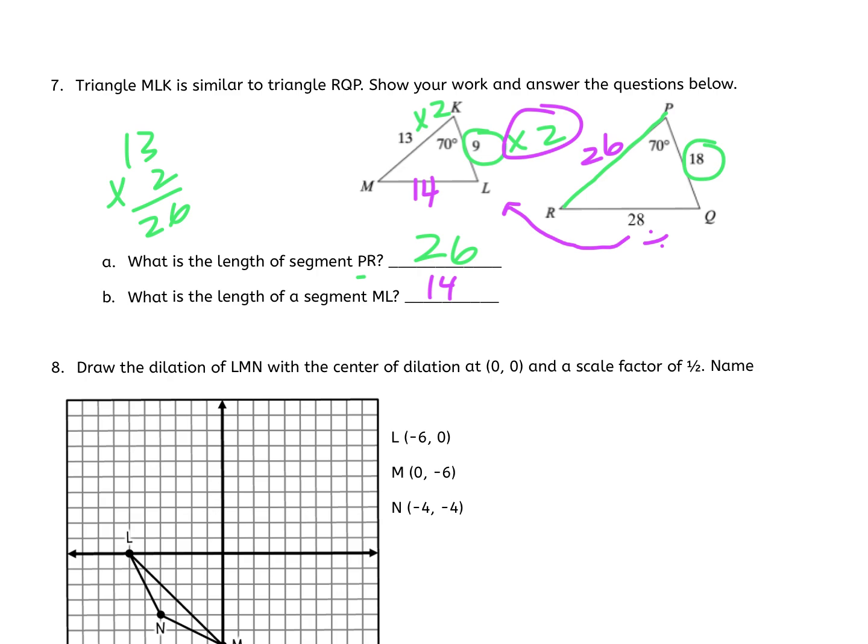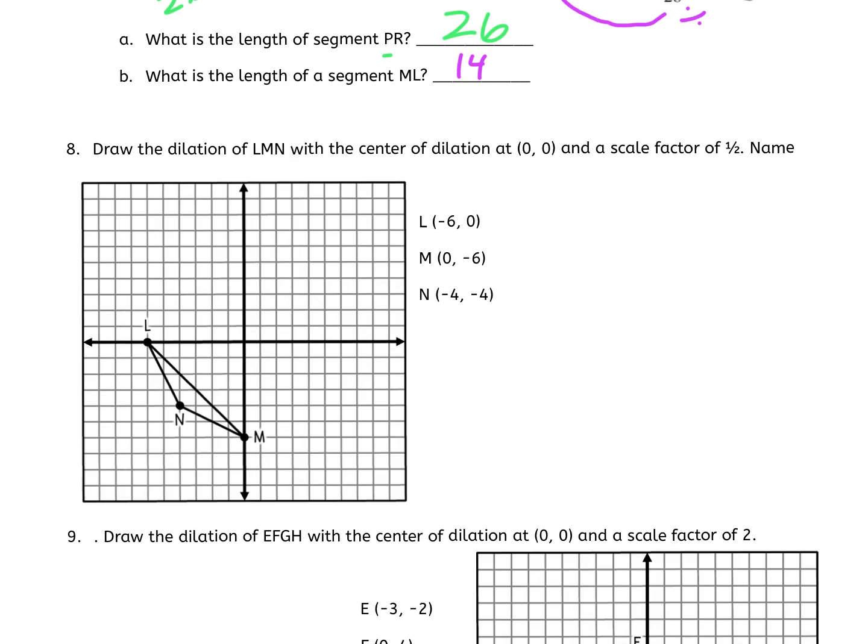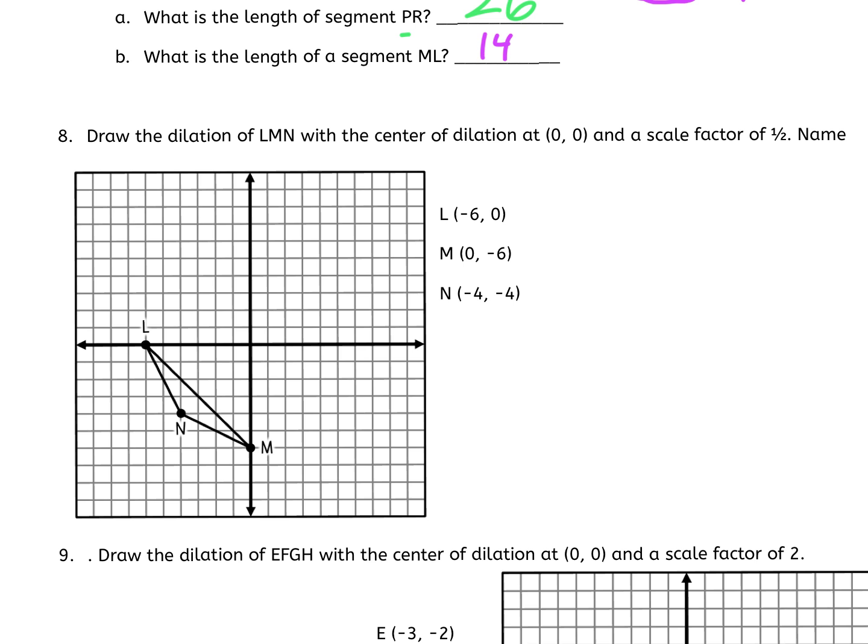All right, moving on. Draw the dilation of LMN with a center of 0, 0 and the scale factor of a half. Okay, so we have our original ordered pairs. So let's set up some space to do L prime, M prime, and N prime.